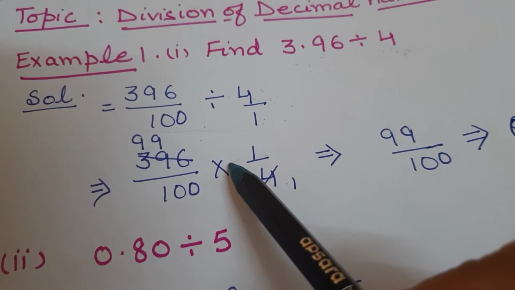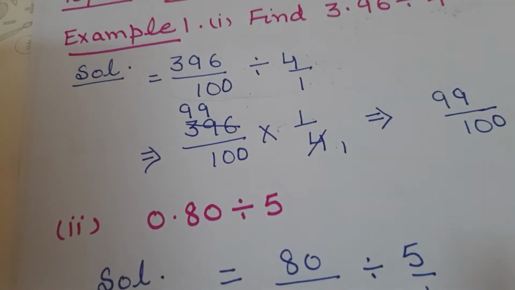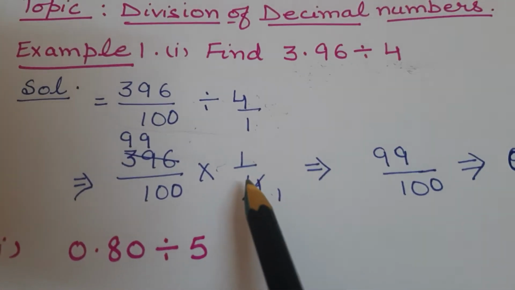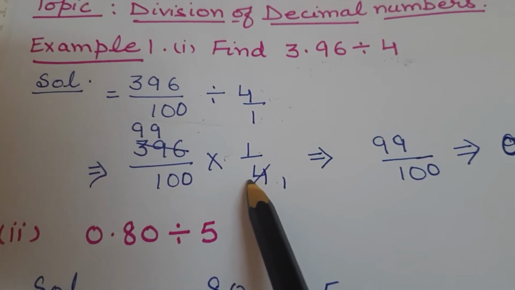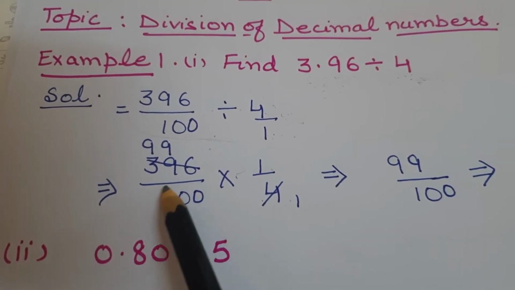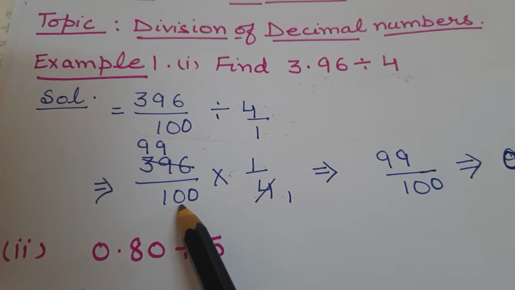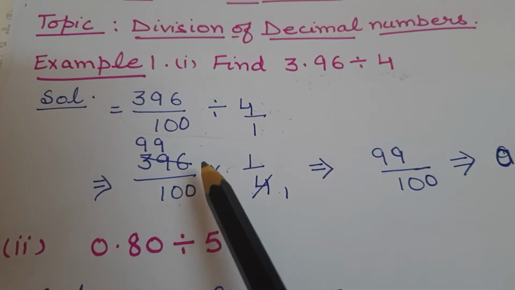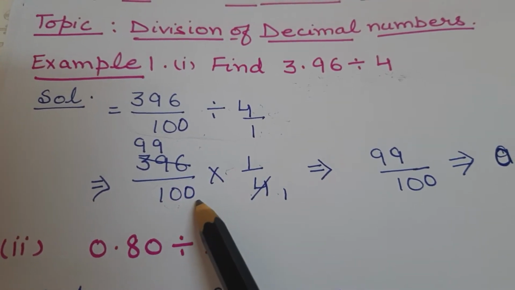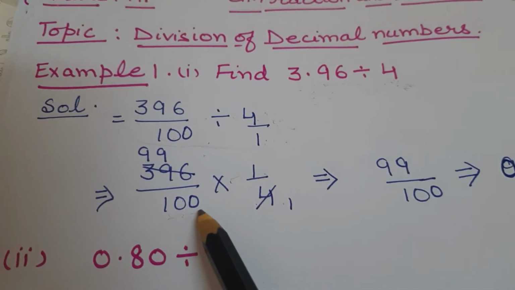Now we will cancel common factors. Don't cancel this 100, because in the end we will put the decimal according to these zeros.